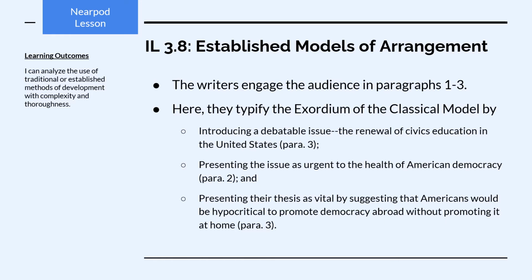They present that debatable issue as something urgent to the health of American democracy, there in paragraph 2. They present their thesis, their need to fix this problem as vital by suggesting that Americans would perhaps be hypocritical to do so much to promote a democracy abroad without promoting it here at home. And that's in paragraph 3.